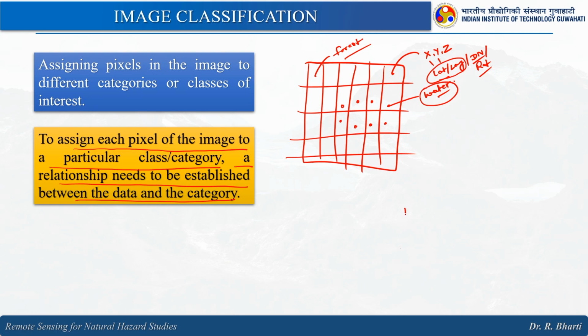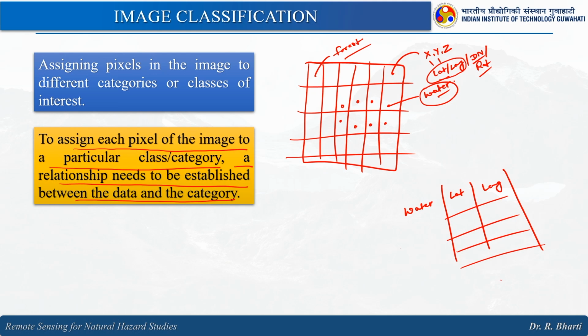So, if we know the latitude, longitude which belong to water from the field, from the image we will also have the DN values or the reflectance values. So, let us say R1, R2, R3, all these are different reflectance values from the image.